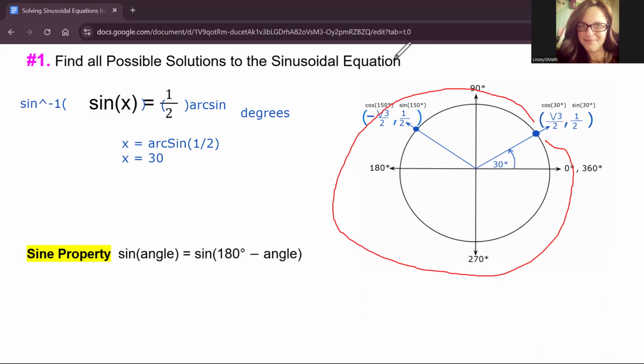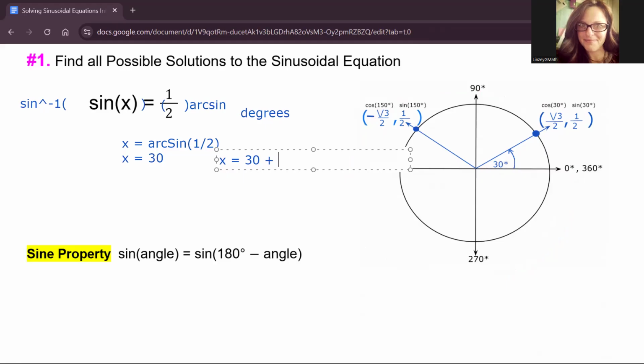So we could do 30 plus 360 degrees, we get another angle, 390 degrees, for which sine is equal to +1/2. Then we could go around the circle again and find another angle, and we get 750 degrees.